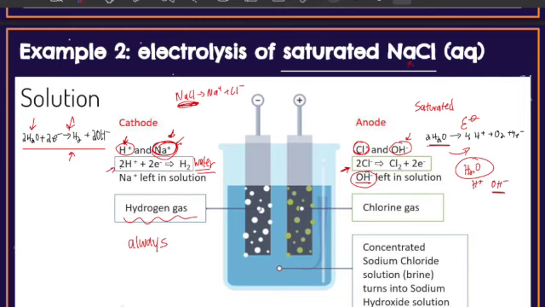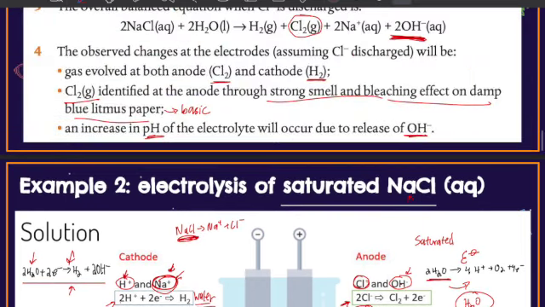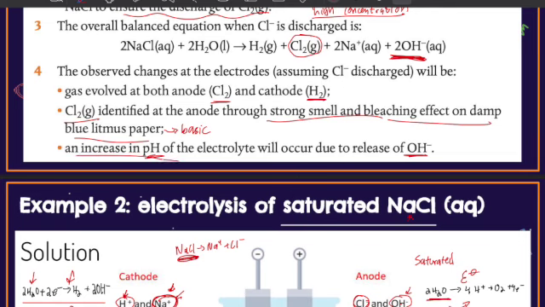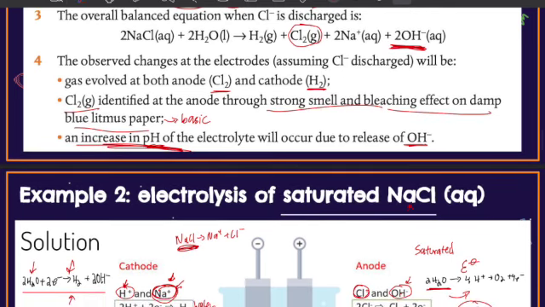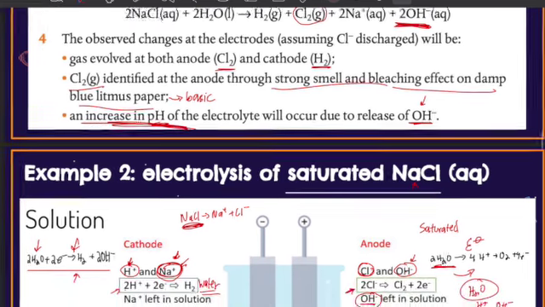I have OH minus because water didn't do any reaction, so water is just staying as H plus and OH minus. And so when I have Na plus OH minus, I can get some sodium hydroxide being produced. And so that's why I would see an increase in pH of the electrolyte, because I'm not favoring water reacting and doing anything else, so I'm favoring keeping the OH minus in solution.